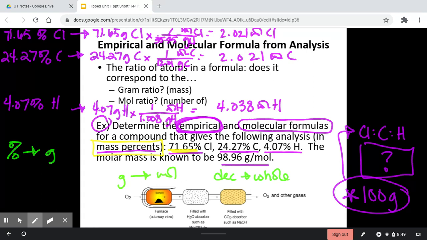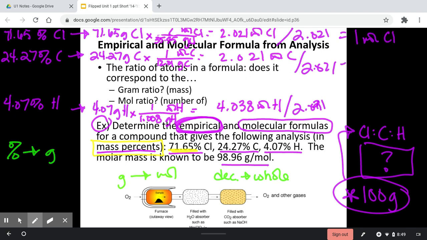Again, you're dealing with a ratio, so it doesn't really matter if we change our numbers as long as we keep the ratio the same. In other words, whatever we do to one number, we just have to do that consistently all the way through so that our ratio stays the same. So the easiest thing to do at this point in time is divide by the lowest or smallest number.